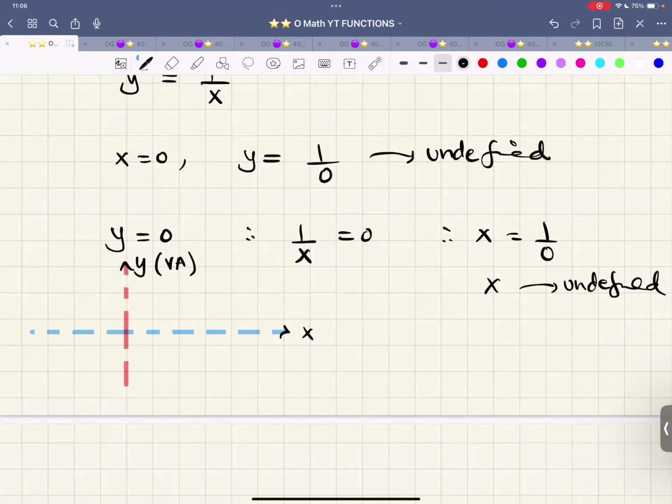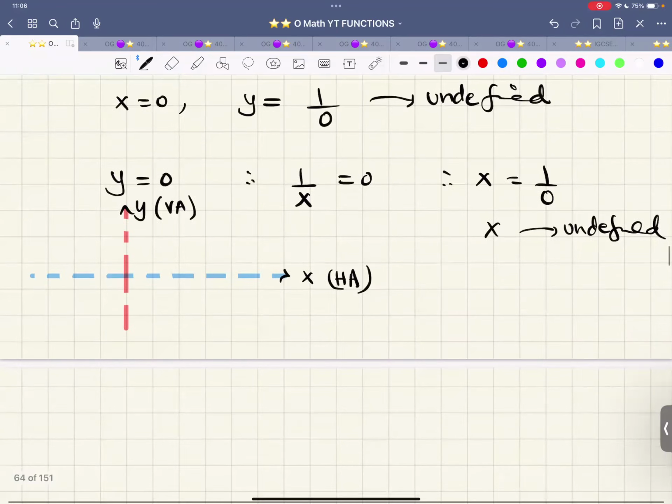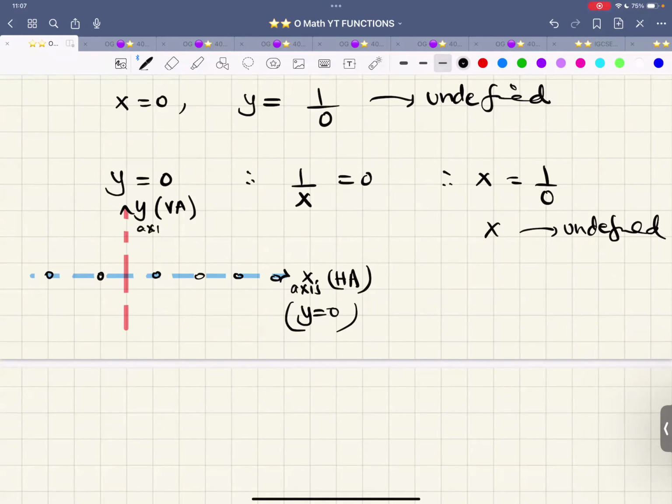Our x-axis is a horizontal asymptote. The equation of x-axis is y is equals to 0 because all along the line, the y coordinate is 0. And y-axis, the vertical asymptote. So the equation is what? That is x is equals to 0 because all along the line, x is 0.